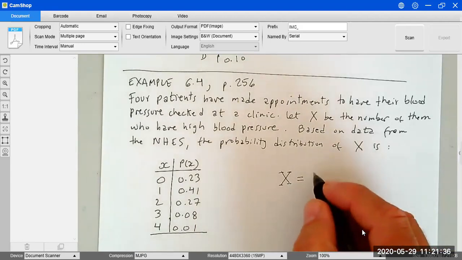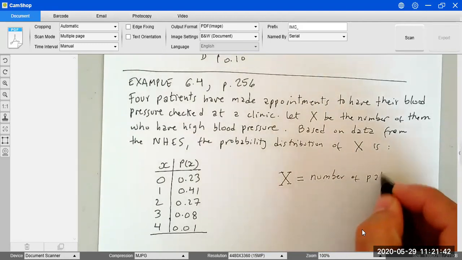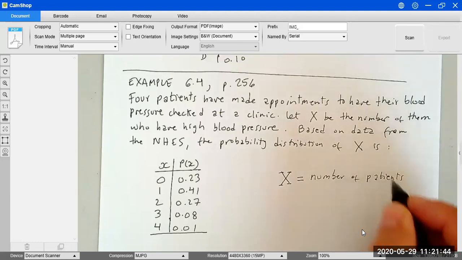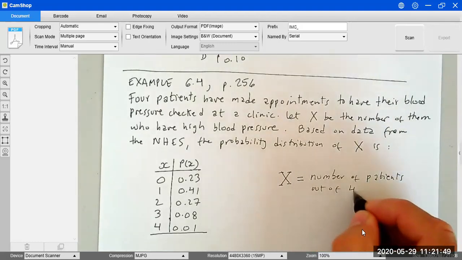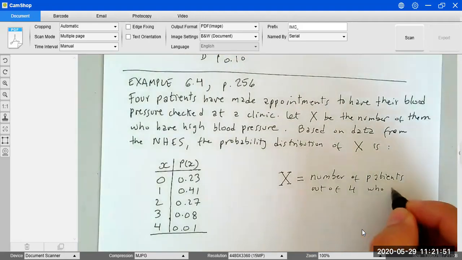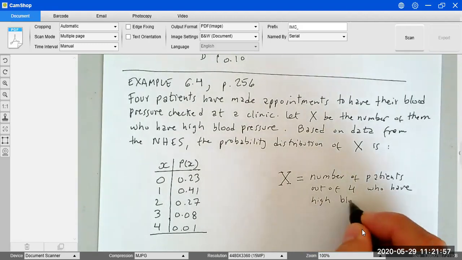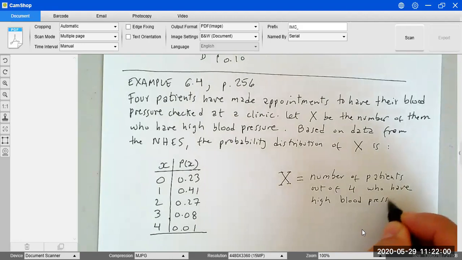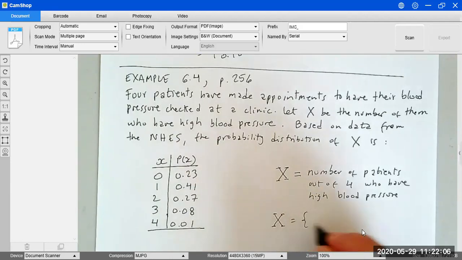The random variable in this case is the number of patients out of 4, because there are only 4 patients, who have high blood pressure. Capital X, you can just write the numbers.